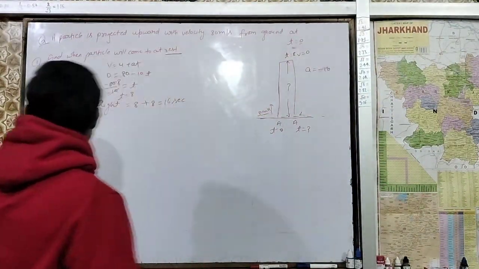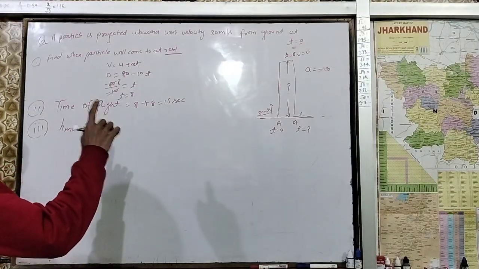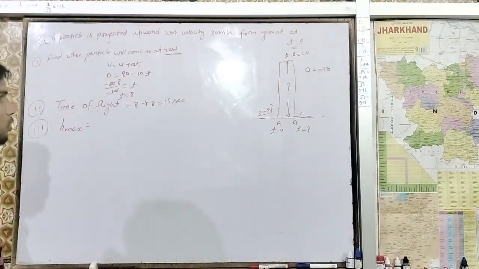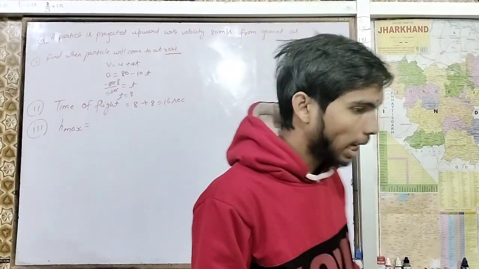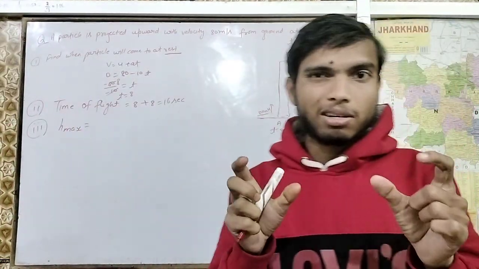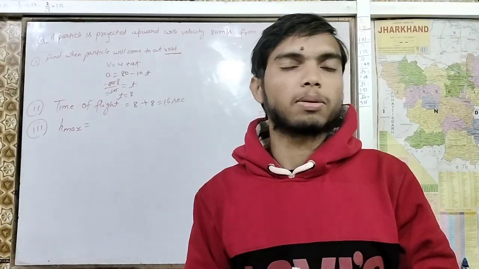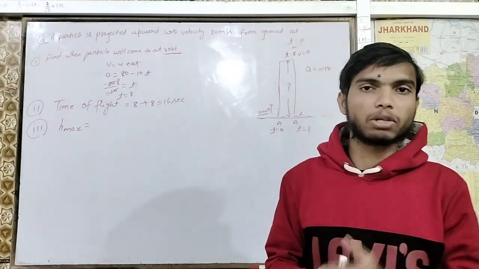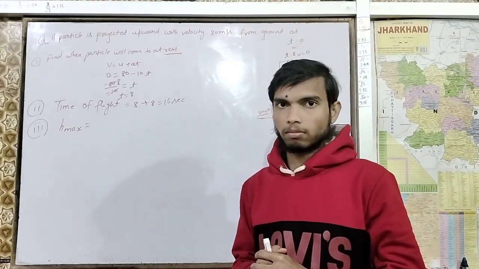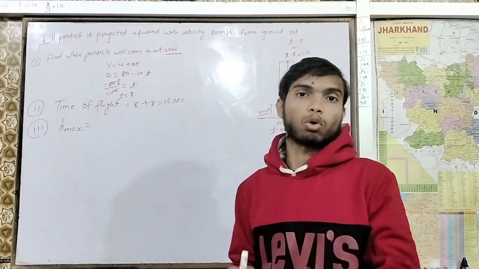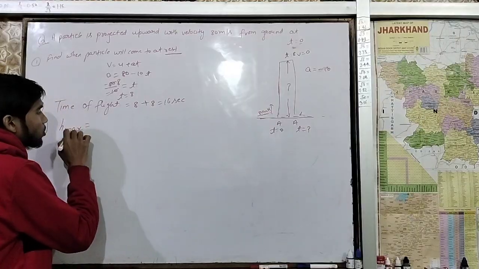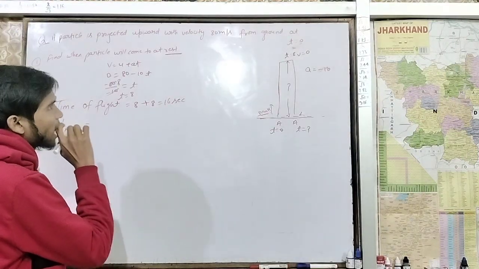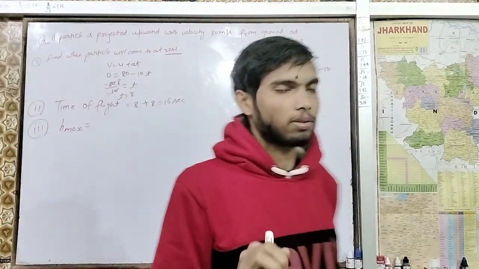This is the displacement it is talking about. For this, we can use the second equation of motion, where acceleration is constant. Yes, acceleration is constant, so we are going to use the second equation.